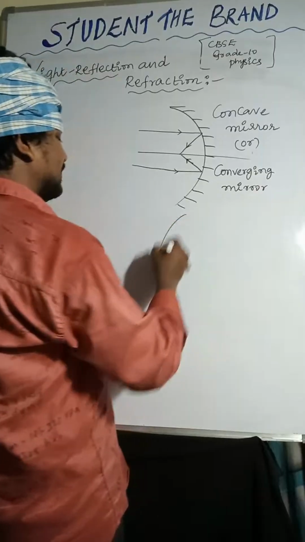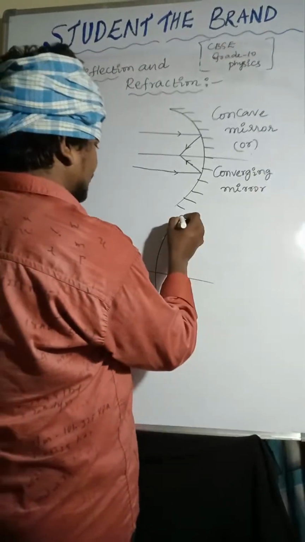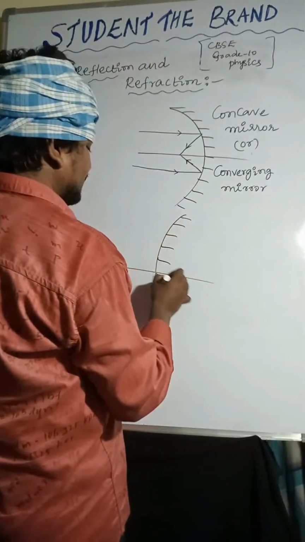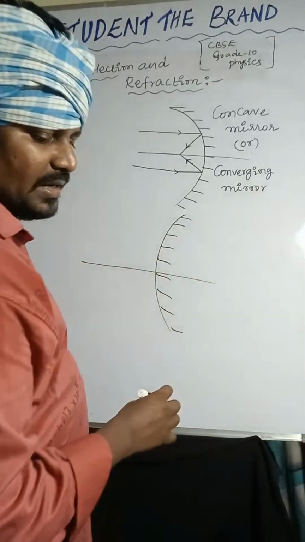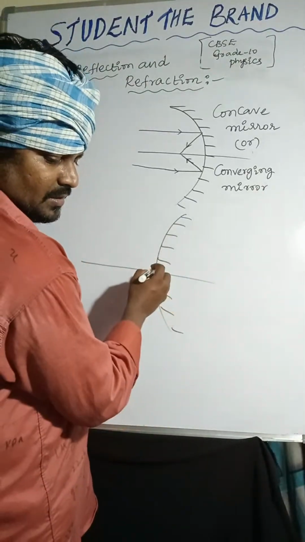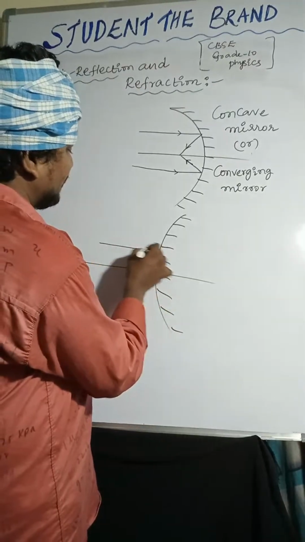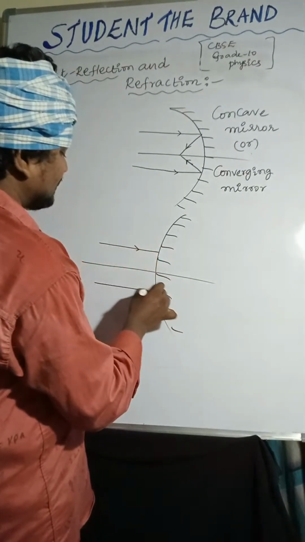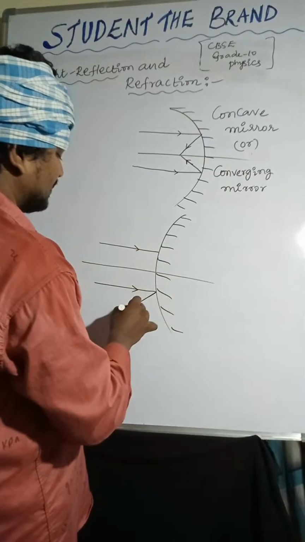And the convex mirror is also known as a diverging mirror. After reflection, the light rays are moving away from the principal axis. Right?